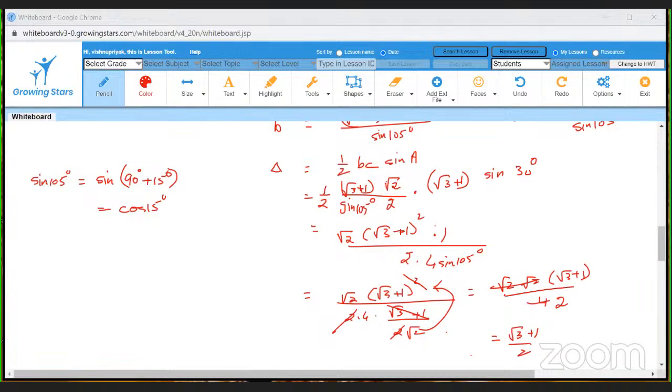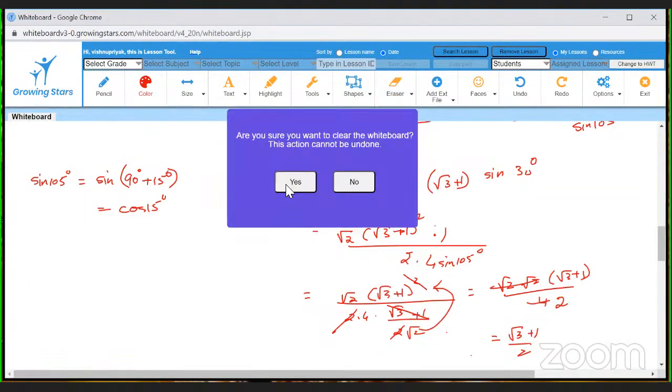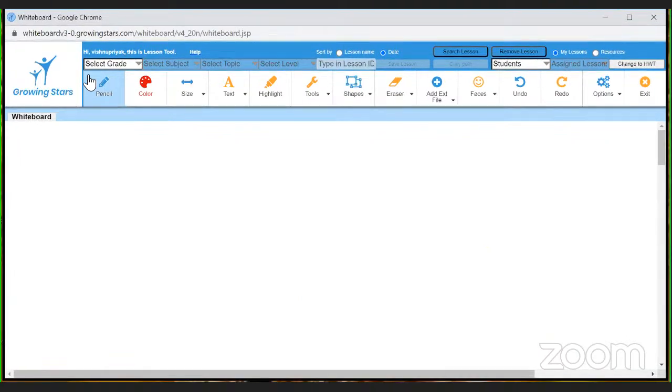Now I will put another set of formulas. In this lesson, you will have many formulas. Here, go through this formula. Similar to this, you have two more formulas.